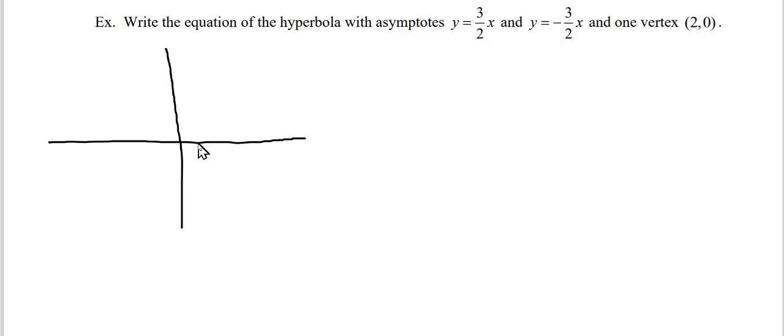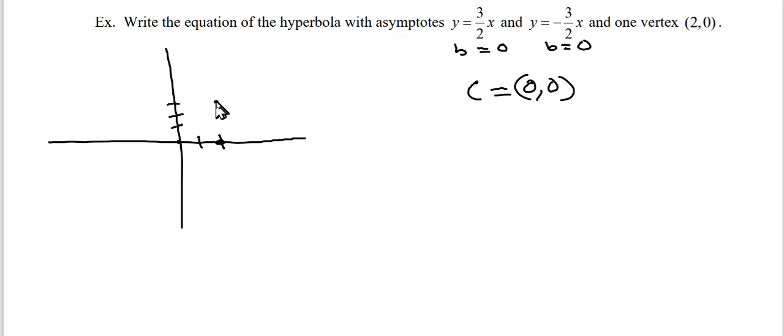If we have a vertex at 2, 0, that's here. The asymptotes are y equals 3/2 x. That tells me that the y-intercept is 0. The lines have to go through the origin. That means the center of this hyperbola is the origin.